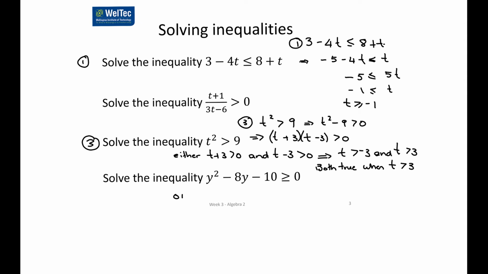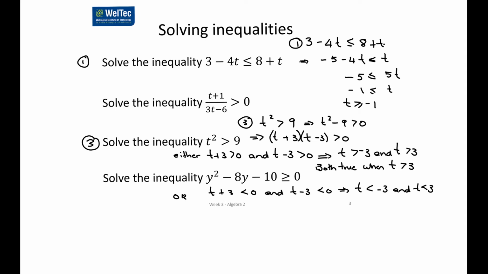Or, looking at the other side, t squared is greater than 9 when t plus 3 is less than 0 and t minus 3 is less than 0. So that gives us that t is less than negative 3 and t is less than 3.